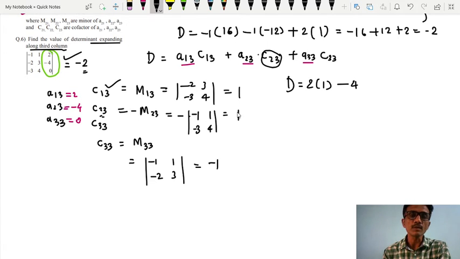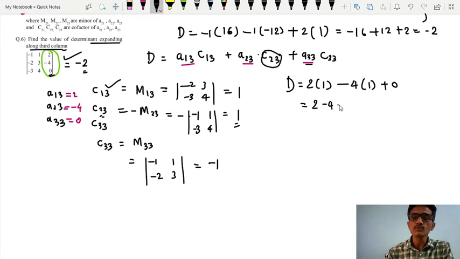C23 is 1. Then A33 is 0, so it will be 0. Then 2 minus 4 will give us minus 2. Yes, done, and you are getting the same answer, minus 2.